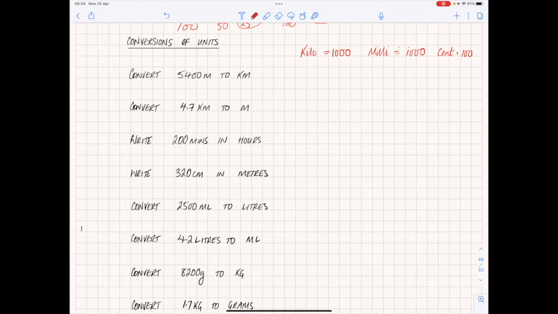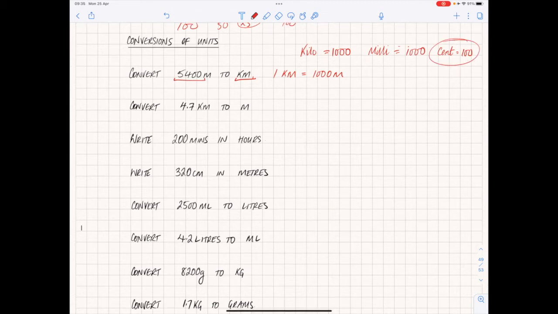Now, let's talk about this. 5,400 metres to kilometres. So 1 kilometre is 1,000 metres. Generally speaking, most of these are 1,000. It's just this one that's 100. So 1 kilometre is 1,000 metres, which means that 1,000 metres is 1 kilometre.